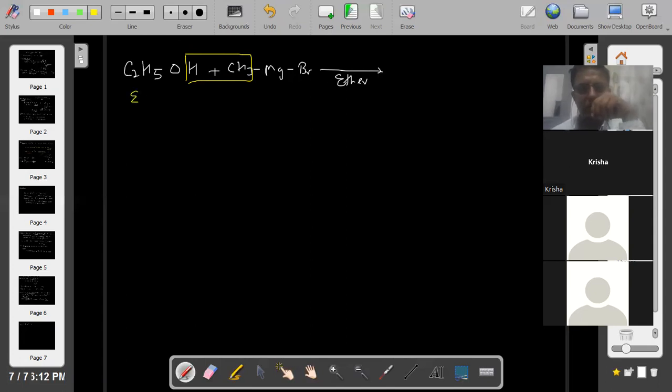This one is ethanol, and this is the Grignard reagent in presence of ether. When this reaction occurs, you will get CH4, then C2H5OMgBr. You got it.